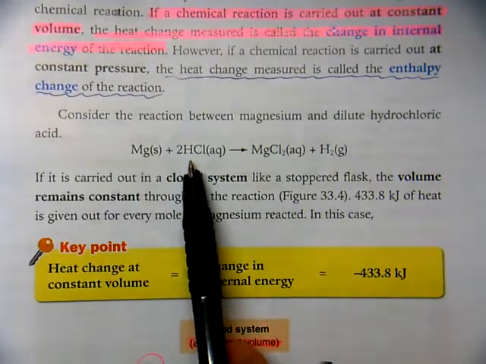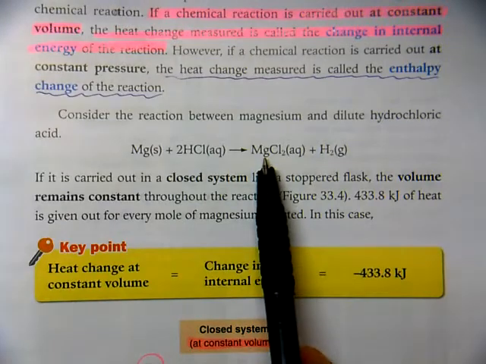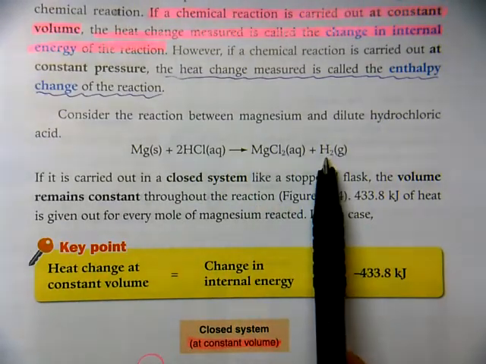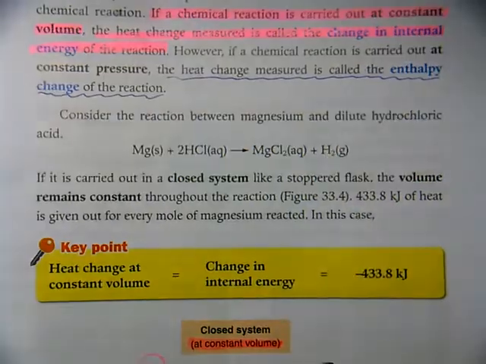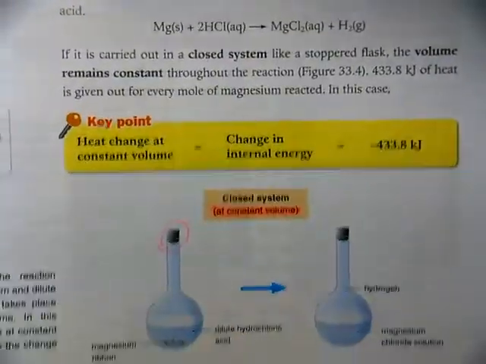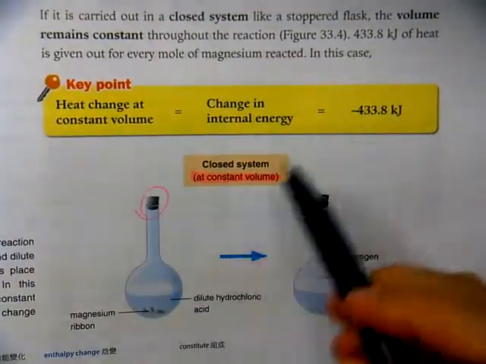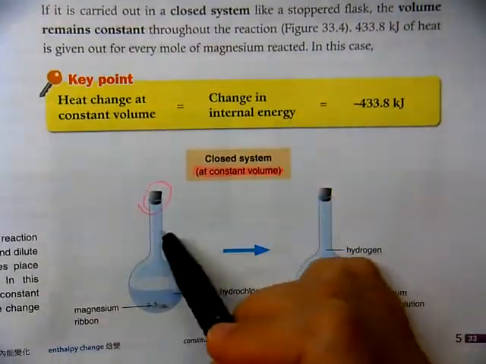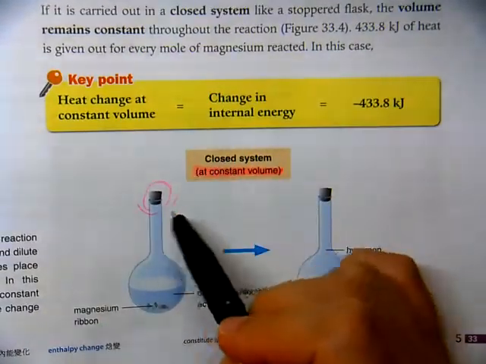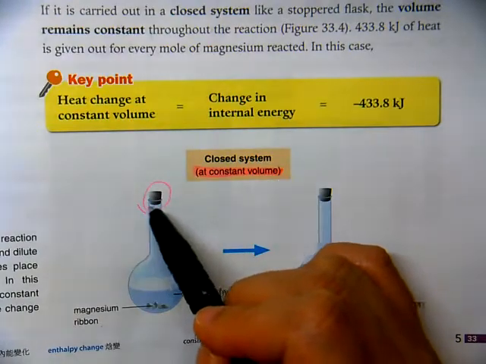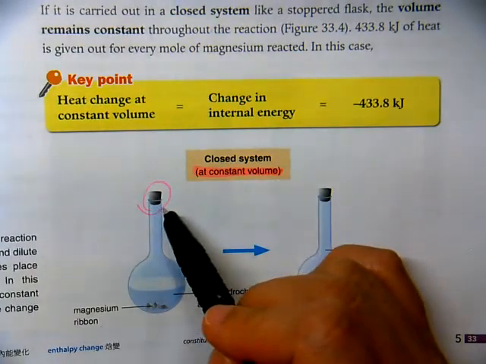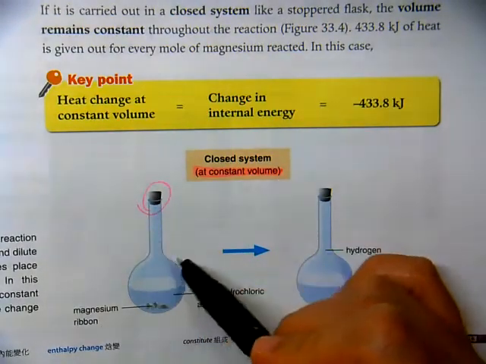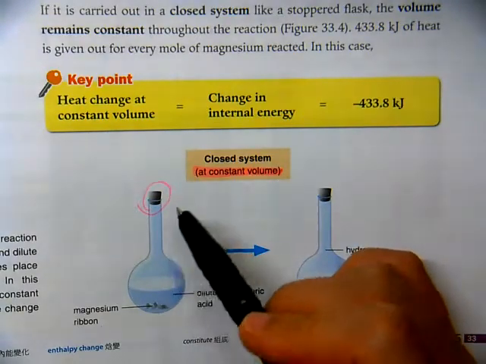Magnesium reacts with hydrochloric acid. Magnesium chloride and hydrogen gas are produced. If the experiment is carried out in a closed system, that means a stoppered flask, the volume remains constant.